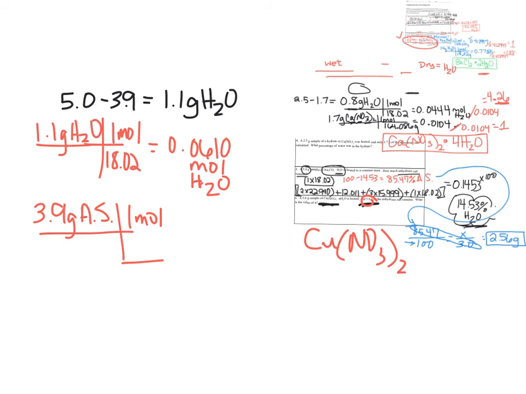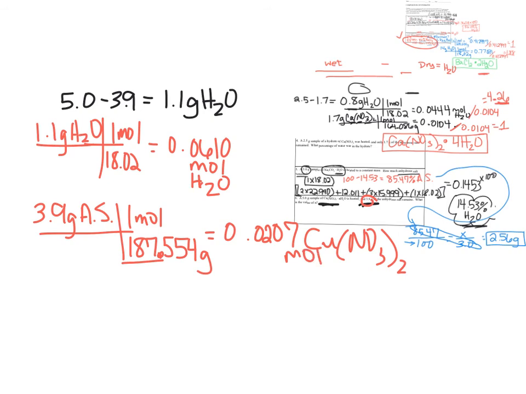So you should have 187.554 grams. So when I divide 3.9 divided by that big molar mass, I get 0.0207. Oops, I did not mean to say grams. Moles of this copper 2 nitrate.